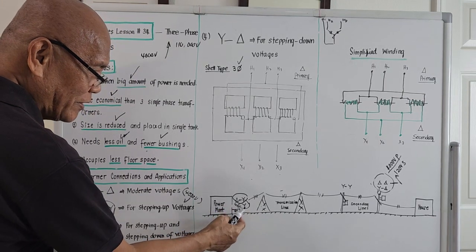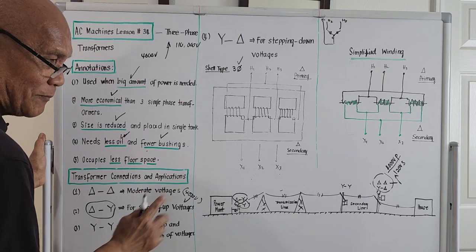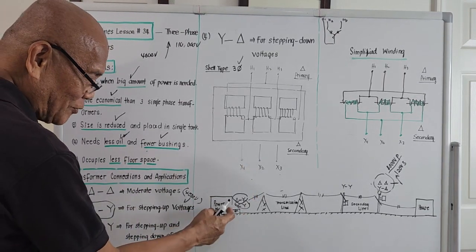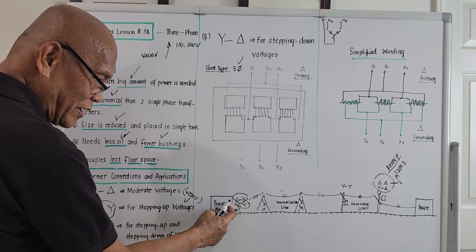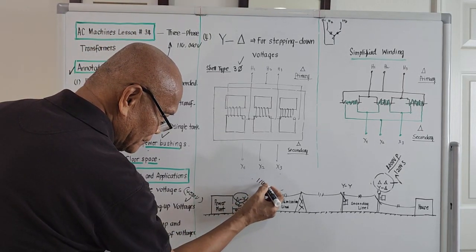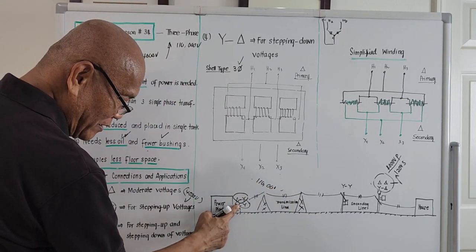It is connected over here. Because a YY connection, one application is for stepping up, to step up this 4,000 voltage output of the generator maybe to 110,000. So we need the YY connection over here.